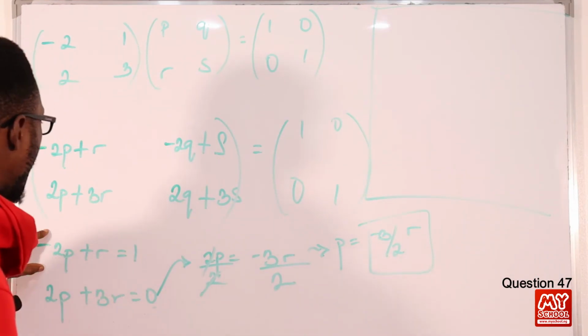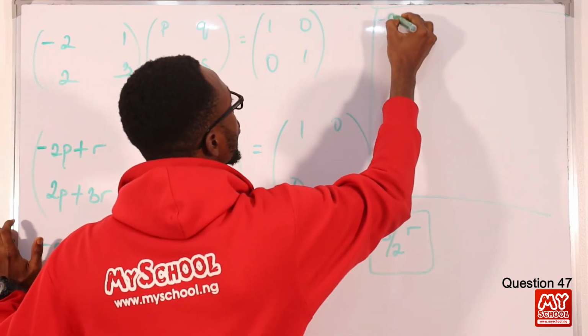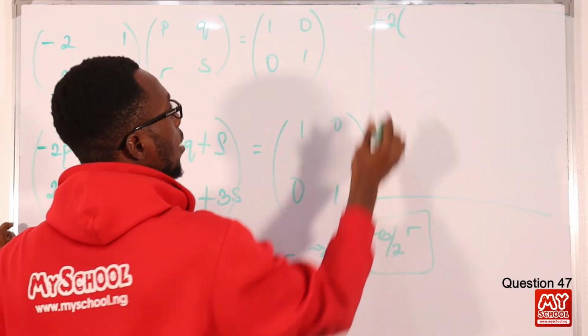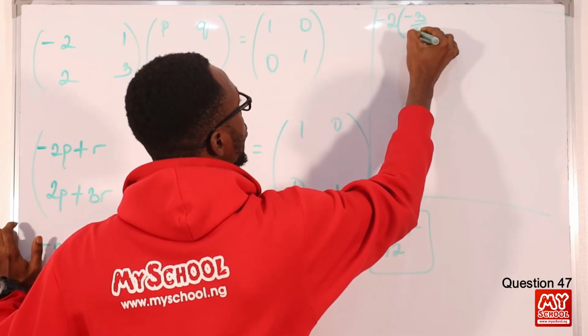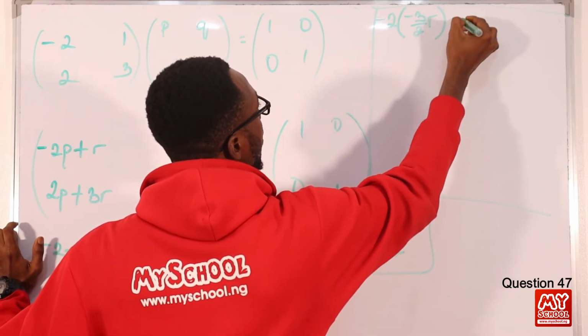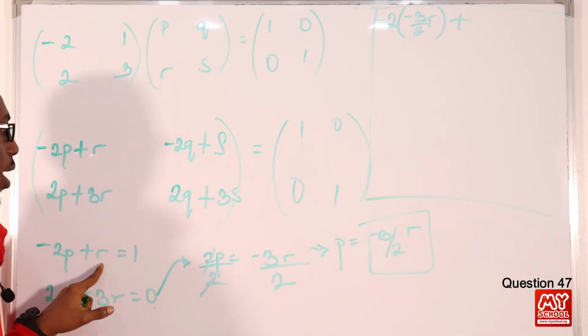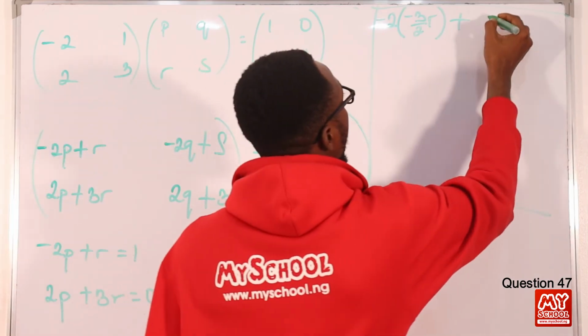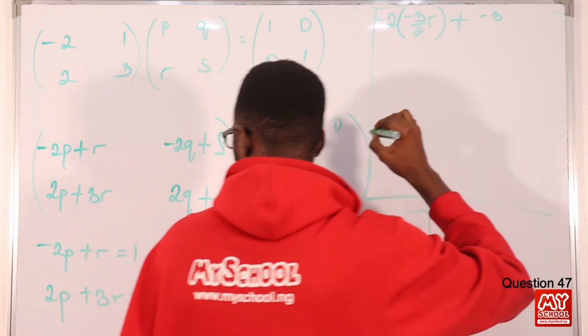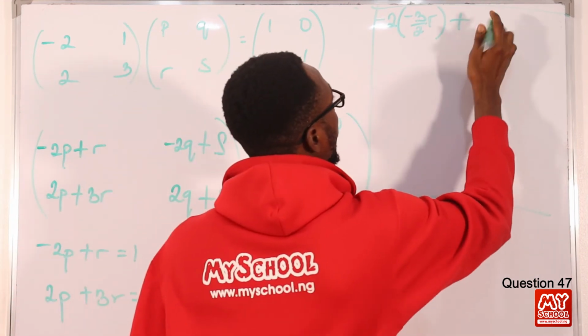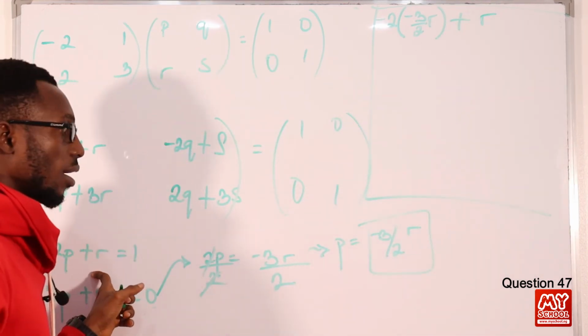Okay, so I have minus 2p, that will be minus 2 into brackets minus 3 over 2 r, plus our r.